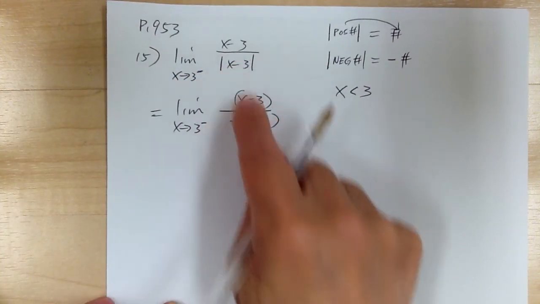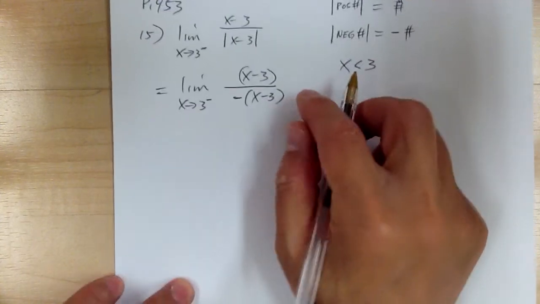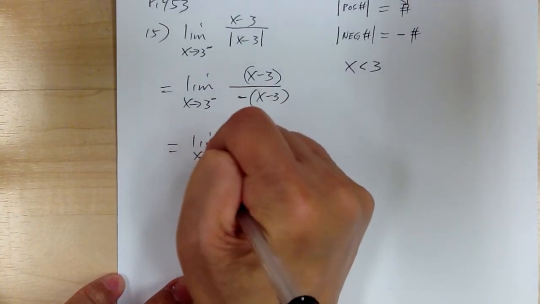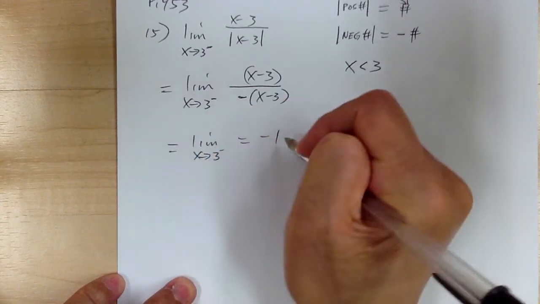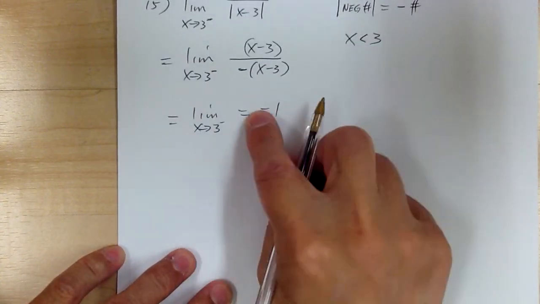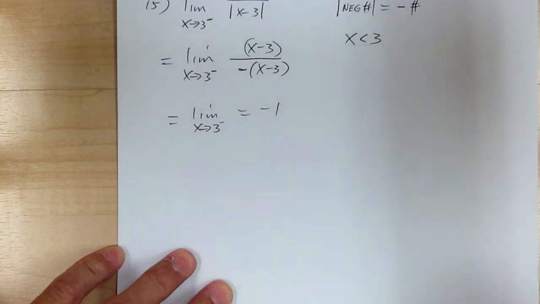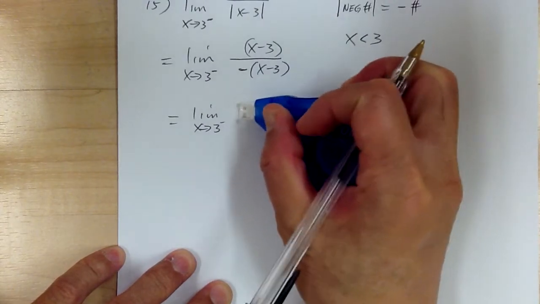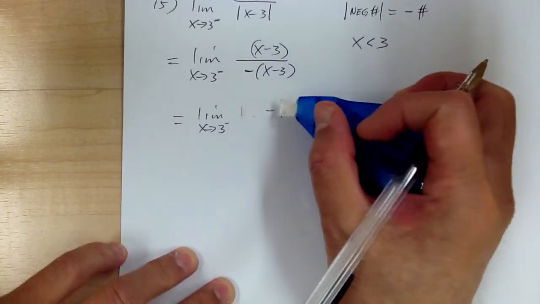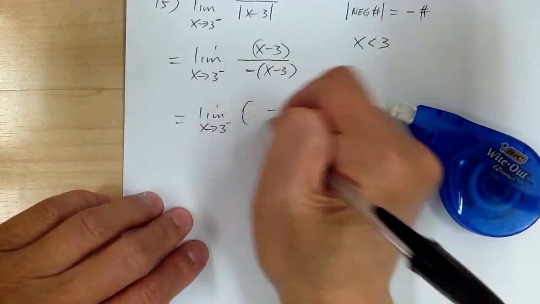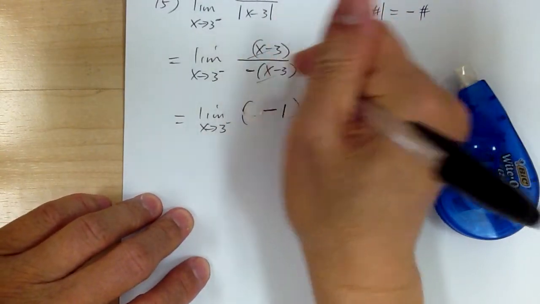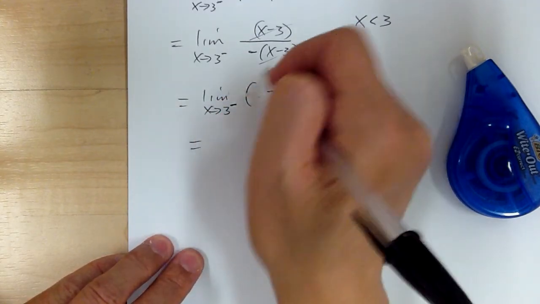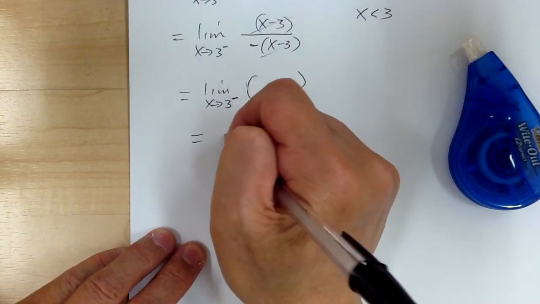To get rid of the absolute value, you have to take the negative of that. And so this cancels out, so you got negative 1. Since there's nothing left to substitute, the answer will be just equal to negative 1.